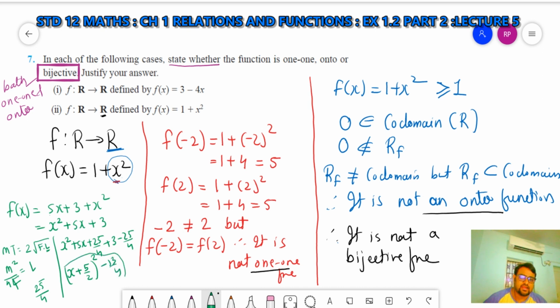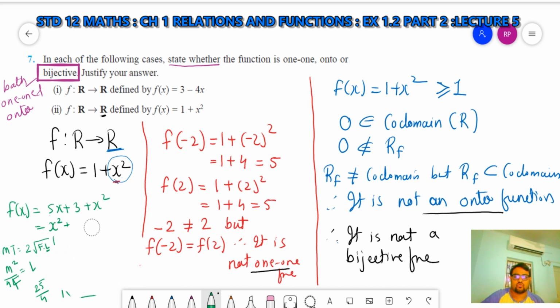Once I get this, the minimum value of this can be 0 minus 13 by 4. So any number less than minus 13 by 4 will not be possible. The number less than minus 13 by 4 will be there in R, but will not be there in the range of the function. By that way you have to prove it is not onto. At present this is not important. Just note down question number 7, part 2.